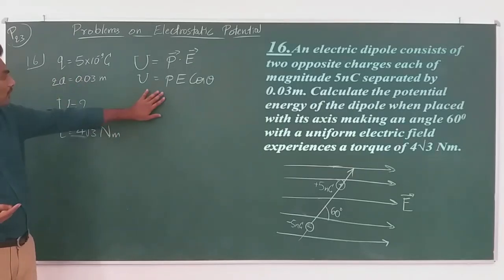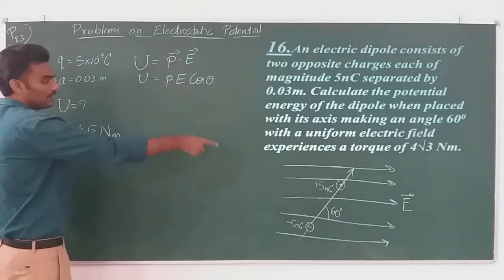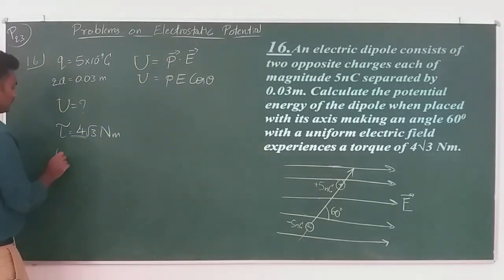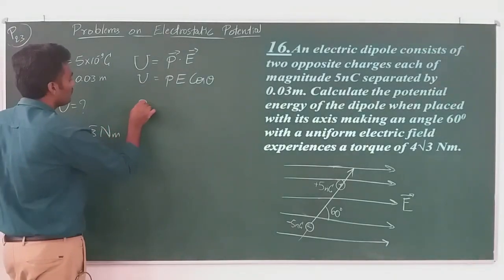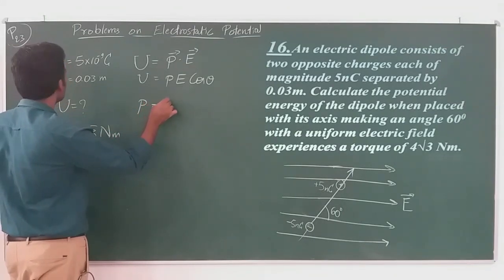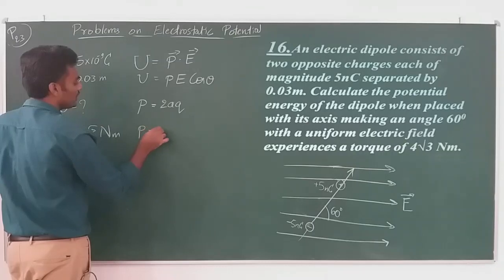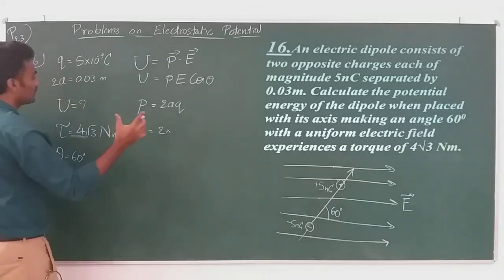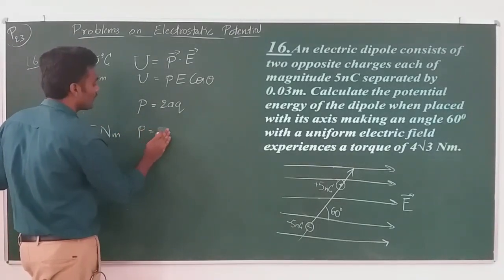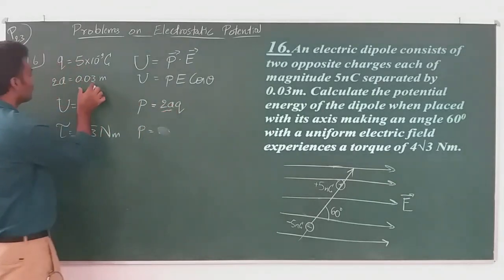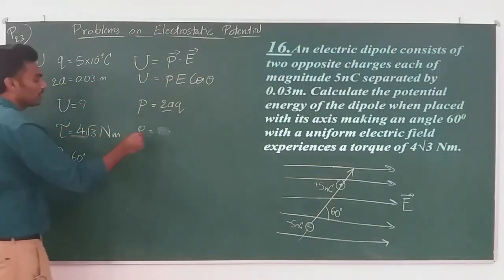Okay, first let me work out P. Do we have the value of theta? Yes, it is 60 degrees. Now P is equal to Q into 2a, and 2a itself is the total distance of separation, 0.03.